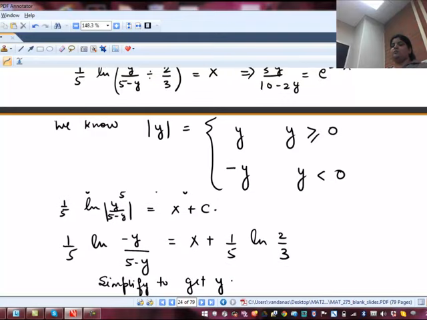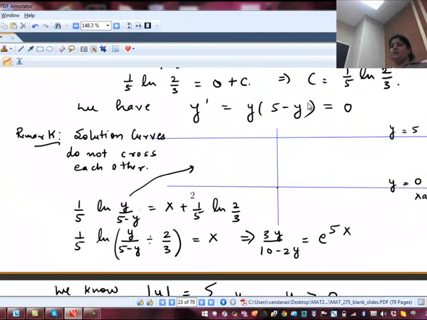Above y equals 5, we will have both positive, y also and this also. So the solution will behave the same way as we have figured out here. Okay, now since it is not crossing, how does the solution look?